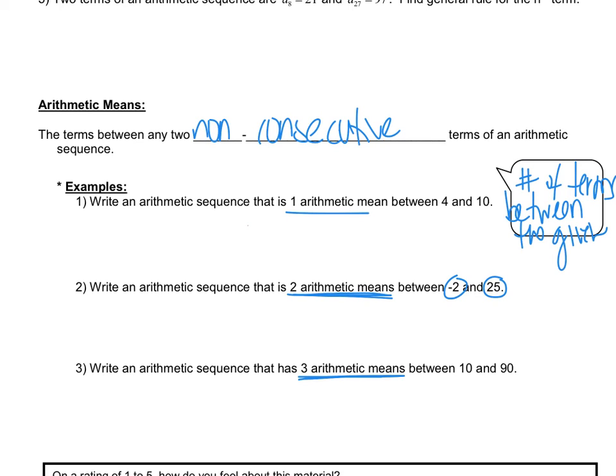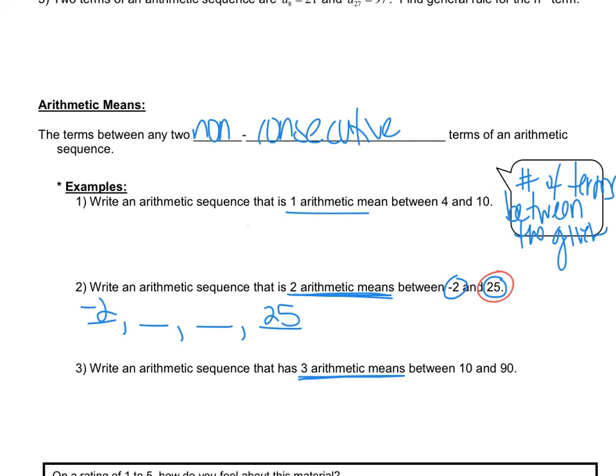So if you look at number 2, the way I always have students set this up is with 2 arithmetic means that there's going to be 4 numbers. And we already know the first and the last one, so -2 and 25. Okay, and some of you are going to be able to figure this out just using common math, but just in case, we can use our formula.